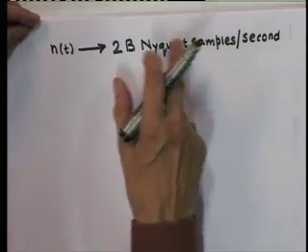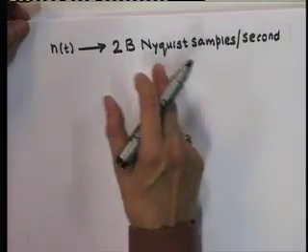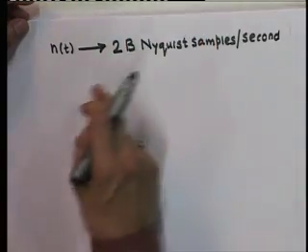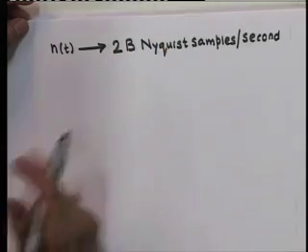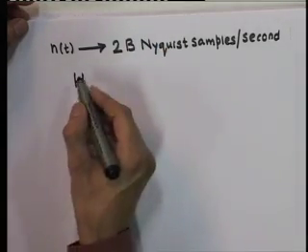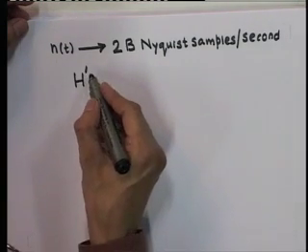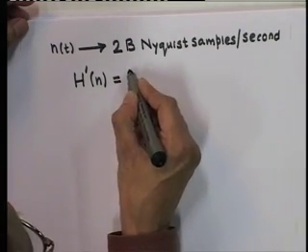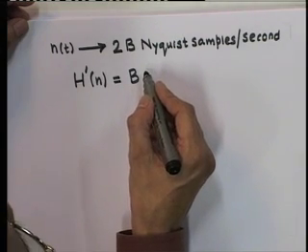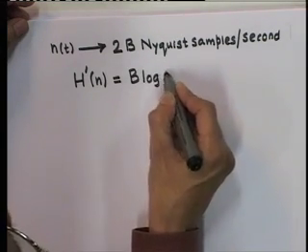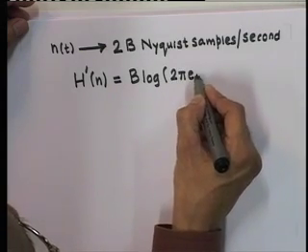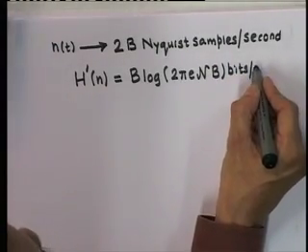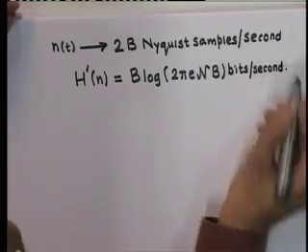Now, because all the samples are independent, that is, knowledge of one sample gives no information about any other sample, hence the entropy of 2B Nyquist samples is the sum of the entropies of the 2B samples, and therefore, the entropy of the noise process evaluated per second is equal to B times log of 2 pi e nB bits per second.